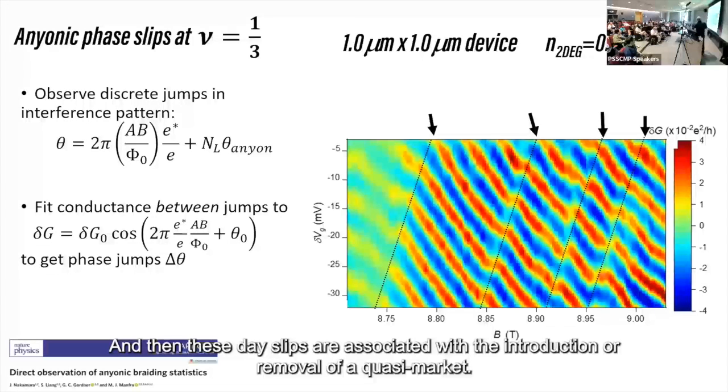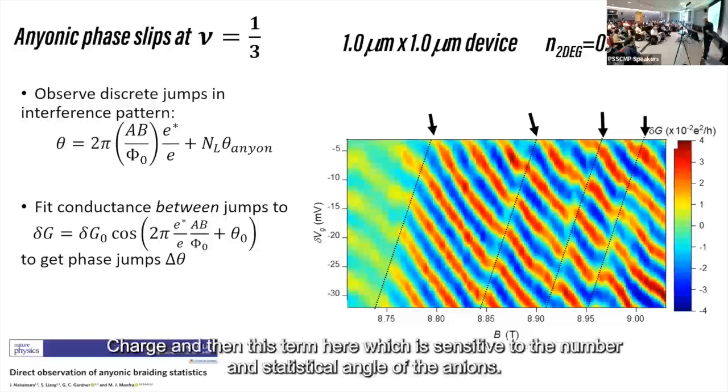And remember, from the simplified expression, that the interference phase is the sum of two terms: the AB phase, scaled appropriately by the effective charge, and then this term here, which is sensitive to the number and statistical angle of the anyons.